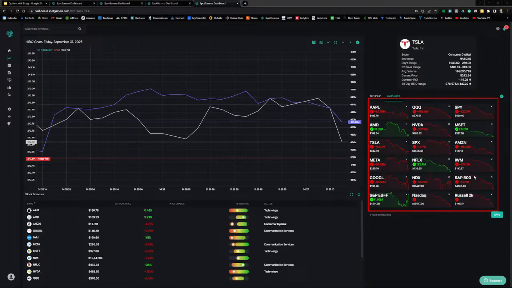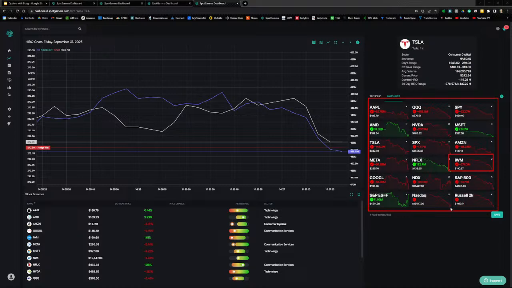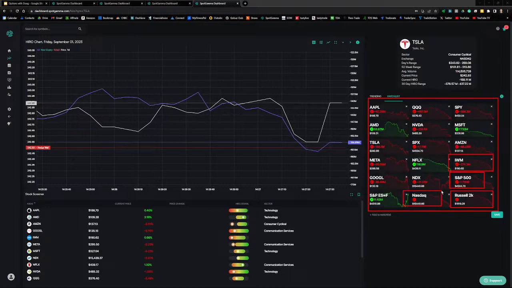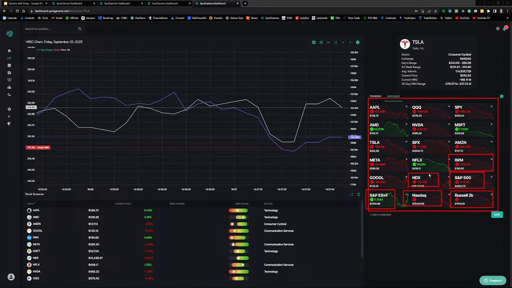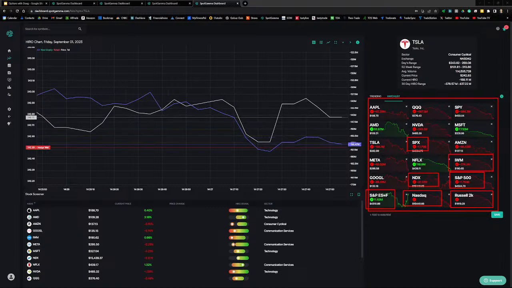For example, IWM, the Russell, and then also the combined signals, S&P 500, NASDAQ, as well as the indices, NDX, then the S&P 500 futures. Here's SPX somewhere. So the stocks that I trade plus some additional information here in my watch list. So this really doesn't change that much, or has not changed for some time.